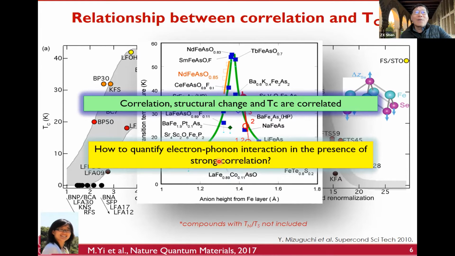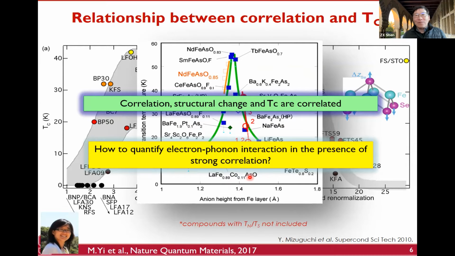And the question then will be, what happens to the electrons if you move the atoms up and down? What happens to the electron-phonon interaction in the presence of strong correlation? Okay. So this has been a question I've been interested in for a long time in the cuprate context. So the challenge has always been how you would go about measuring it. The traditional way of making electron-phonon measurements is subject to certain assumptions.